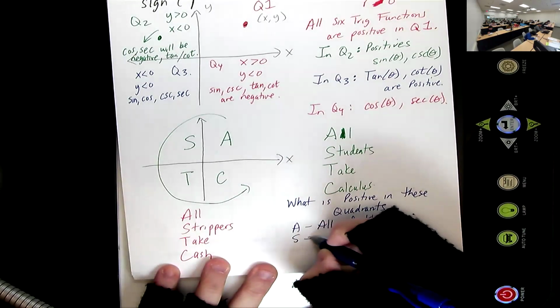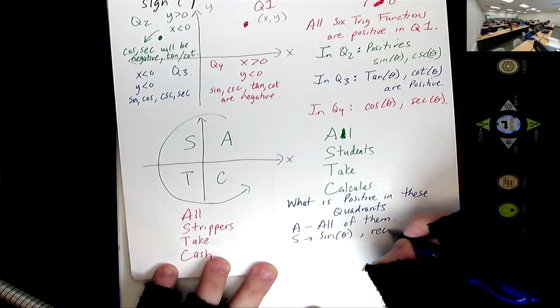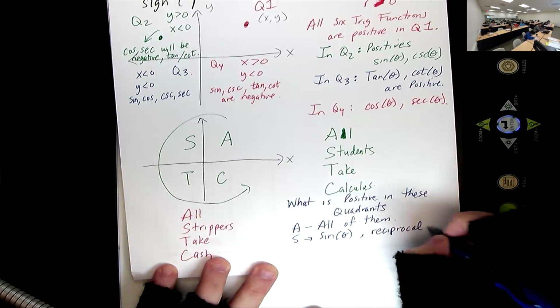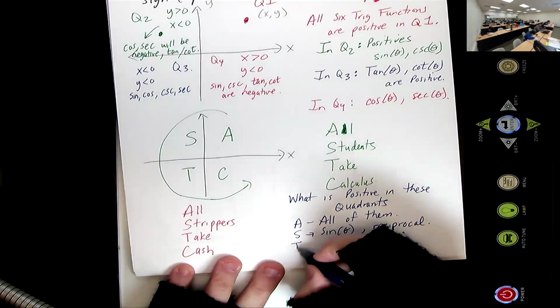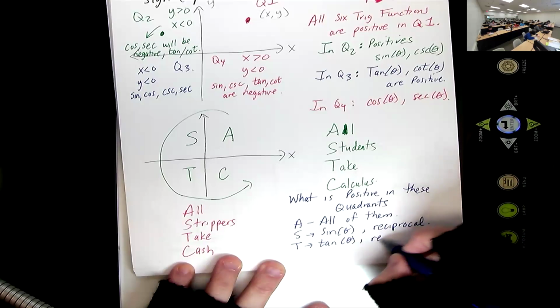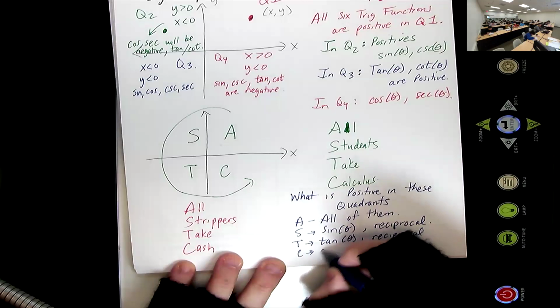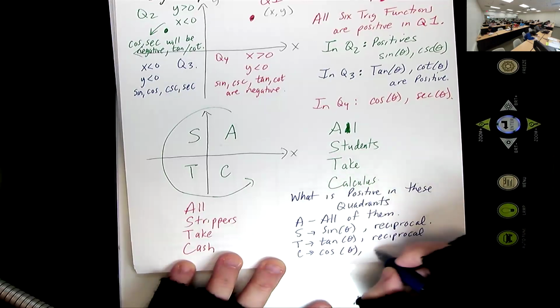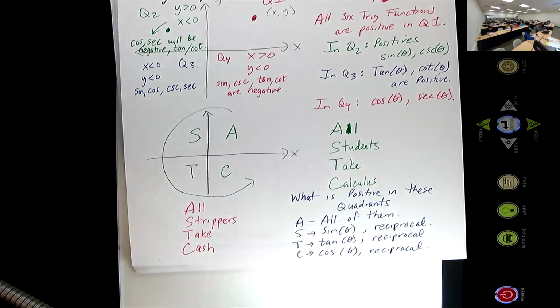S, sine and its flipped, because it's called the reciprocal. We'll talk about that in a second. T is the tangent one, tangent and its reciprocal. And C is cosine and its reciprocal. Those are the positive ones. All strippers take.